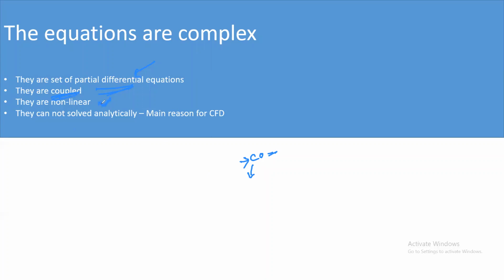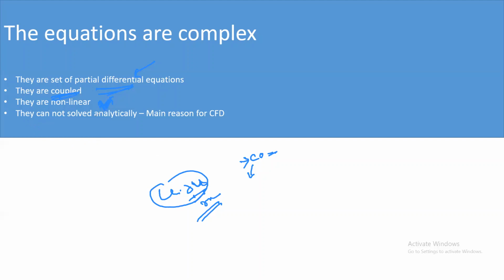They are nonlinear. From engineering mathematics, you might know how to define whether a PDE is nonlinear or linear. If you closely look into the Navier-Stokes equations, you can easily understand it is nonlinear, because velocity u appears, and the derivative again comes with del u, so it is again a function of velocity, del u by del x.